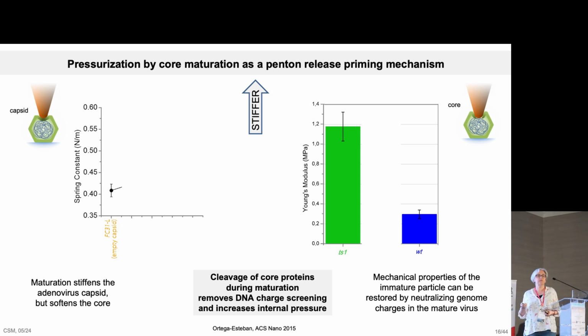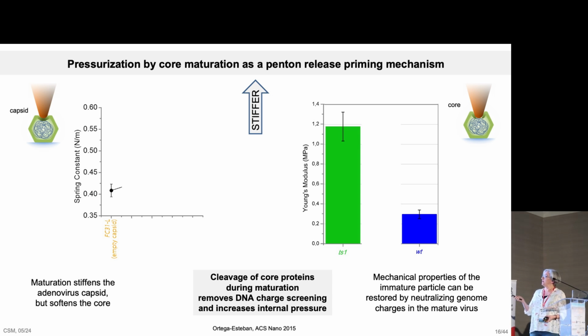But the question here was, okay, is this stiffness due to internal pressure or to having something inside which also becomes stiffer? So we needed to measure the stiffness of the core. And to do this, we kept pressing on the virus particle until it breaks open, and the tip of the cantilever is actually touching the core, and we measure the stiffness of the core.